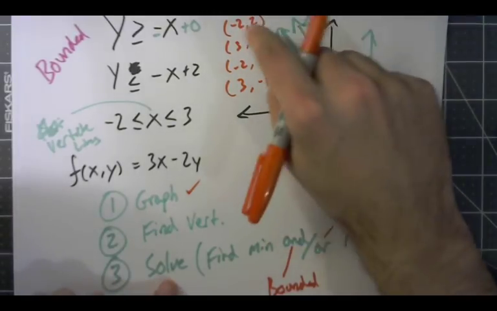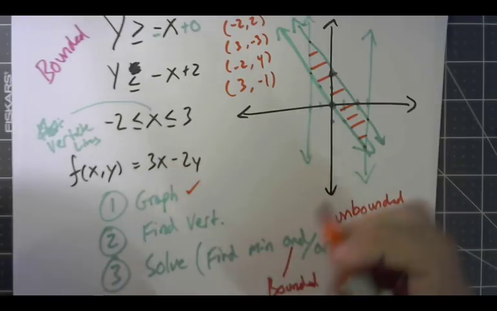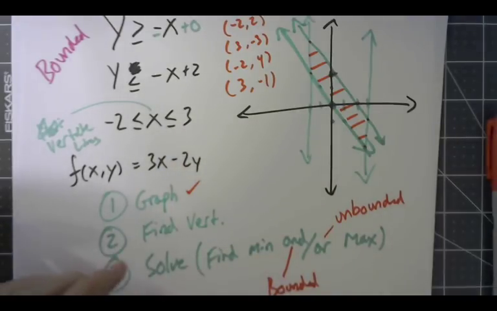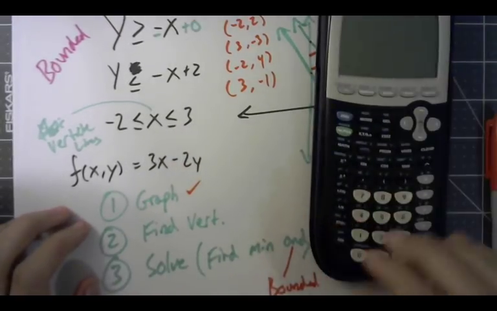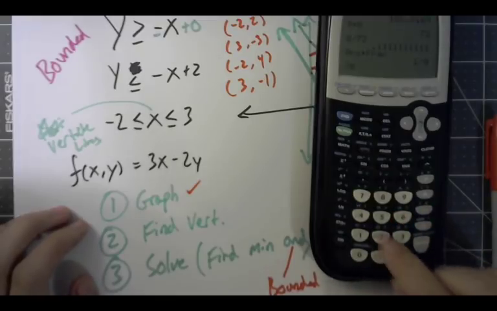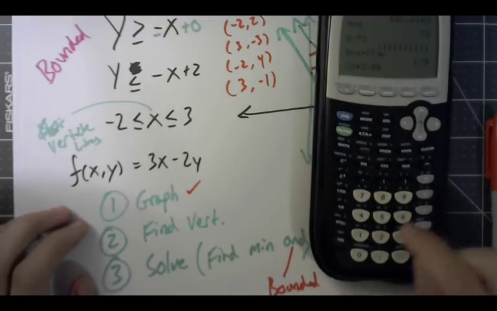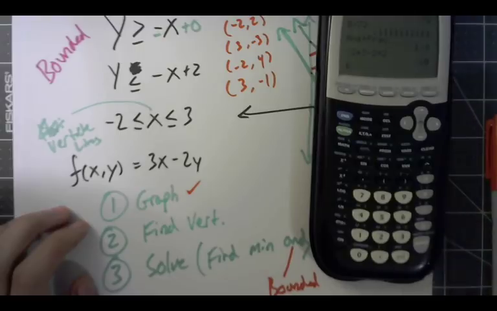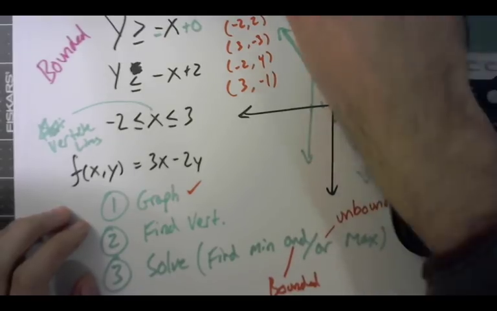So what I'm going to do is put each of these points into this equation and see what I get. I will just put it through my calculator. So I have -2 times 3 minus 2 times 2. That's -10.